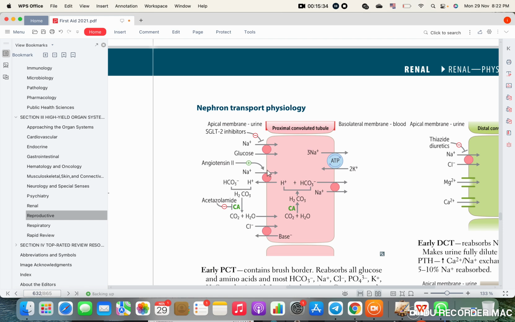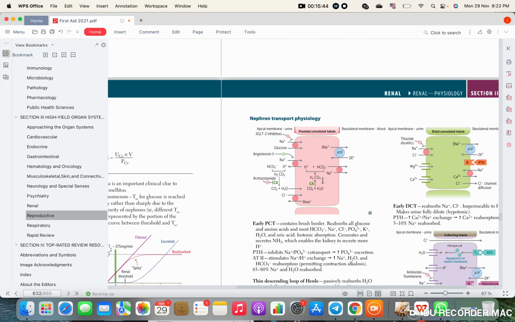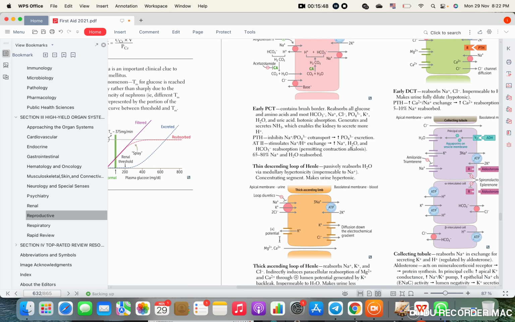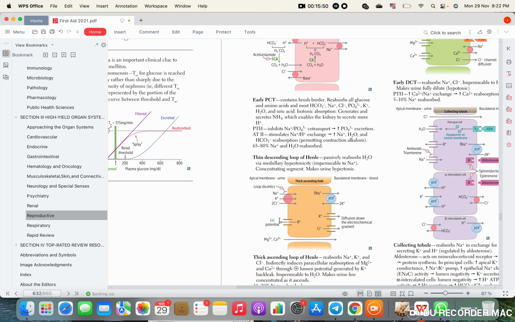You will have less reabsorption, correct? If you have less reabsorption of the sodium, it will keep going until it reaches this area.